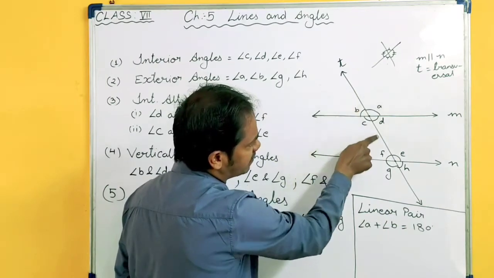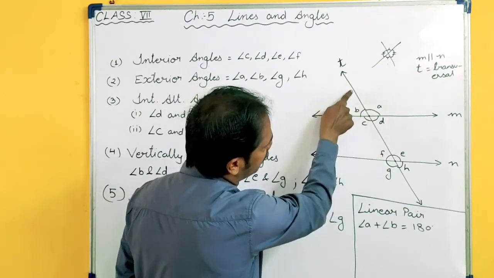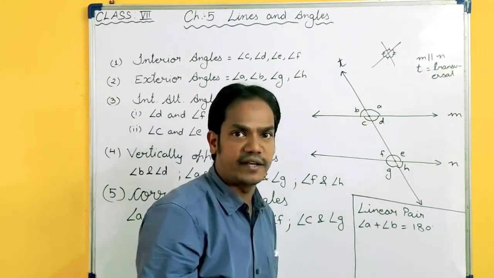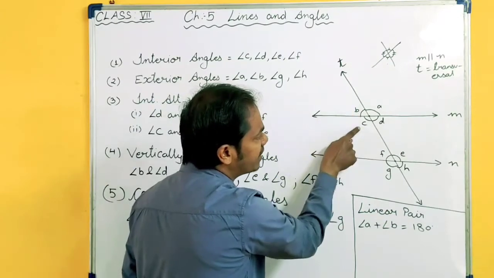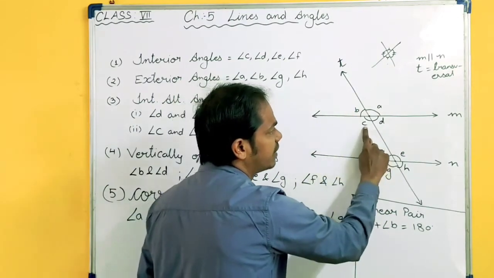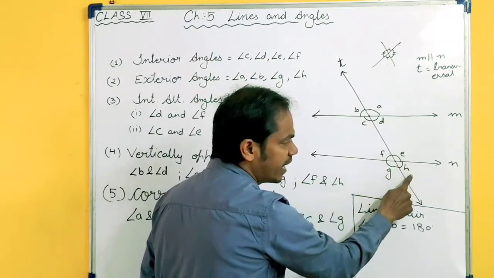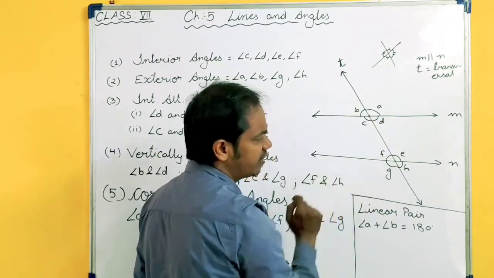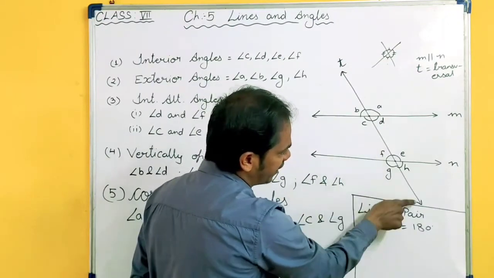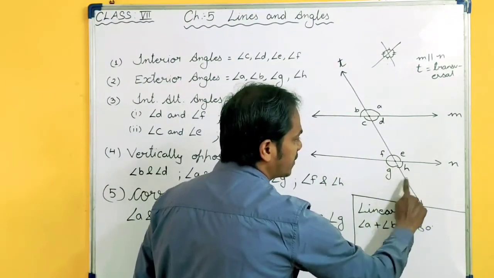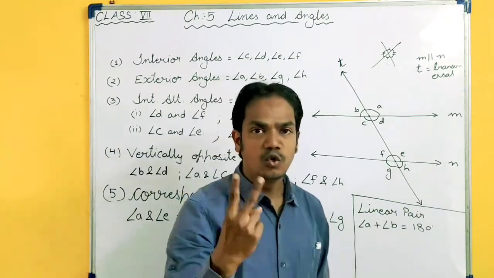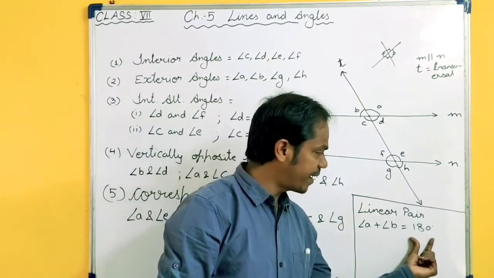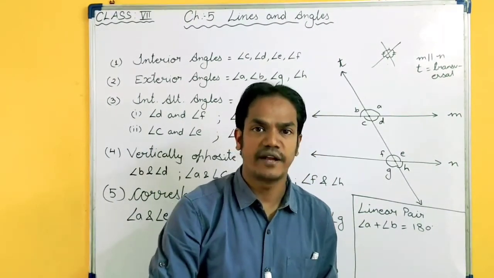When you check like this, angle A and D are also on a straight line, so angle A plus angle D is also 180 degrees. This is also a linear pair. B plus C is 180 degrees, C and D is 180 degrees, E and H 180 degrees, E and F 180 degrees, F and G on this straight line, and G and H on this straight line, each 180 degrees. So remember, 2 angles on a straight line form a linear pair, and a linear pair always measures 180 degrees.